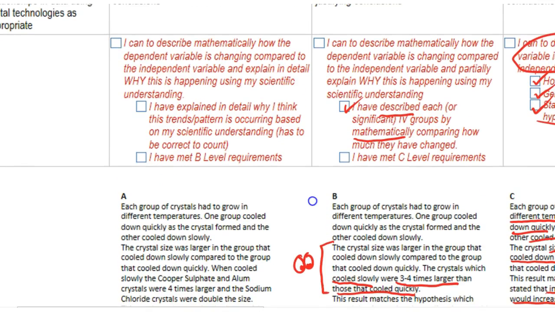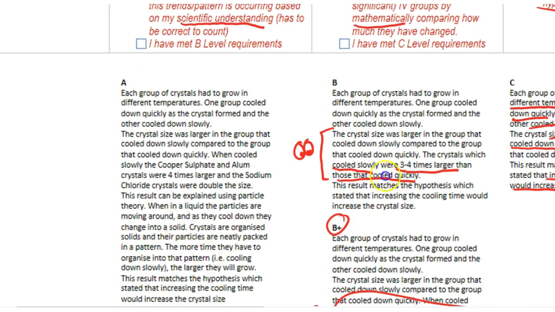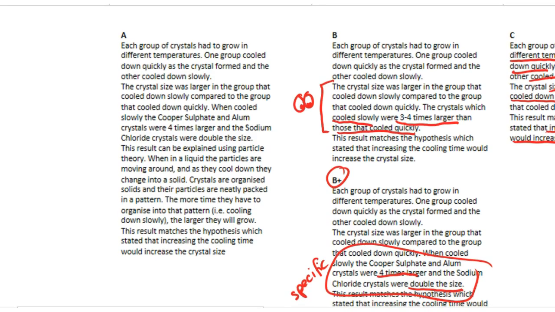Last but not least, A level is, can you explain what is happening scientifically? Can you actually relate it back to what we've learnt? So I've literally taken these statements here and I've added in a little bit more. I've actually said here, this result can be explained using, in this case, particle theory. What's happening with the particles?